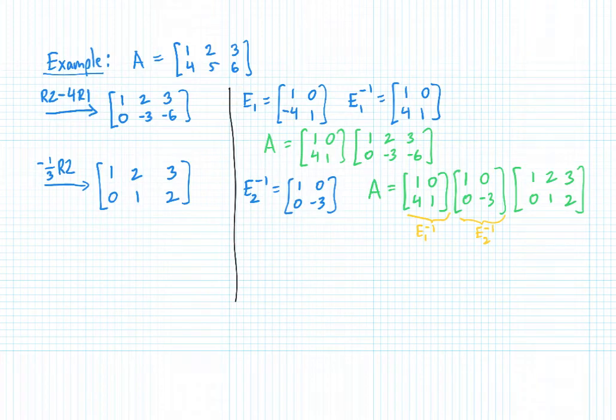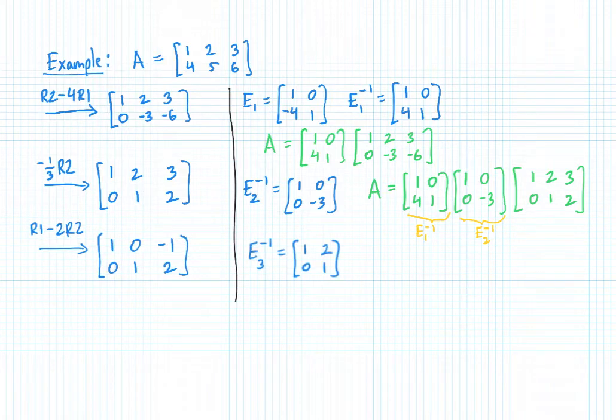And so then this gives us a new factorization of A. And pay attention to the order of the matrices. The thing on the far left is E1 inverse. Then you have E2 inverse, and then you have the matrix that results from the row operations. And then finally, we can get the matrix in reduced echelon form by subtracting 2 times row 2 from row 1. And this is what we get.